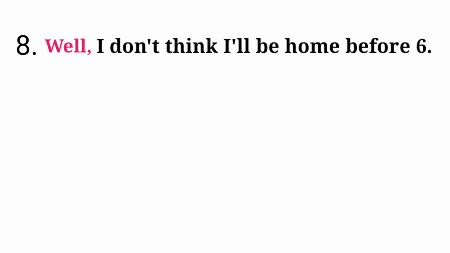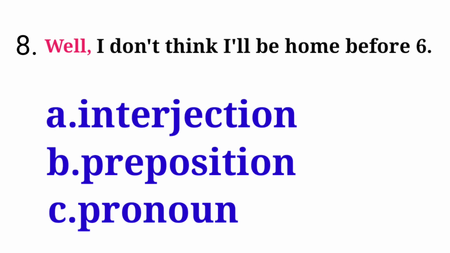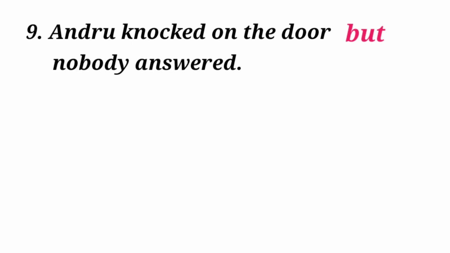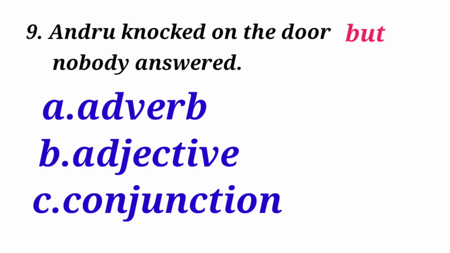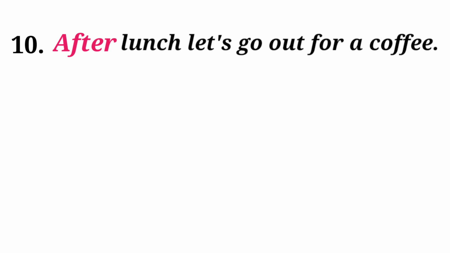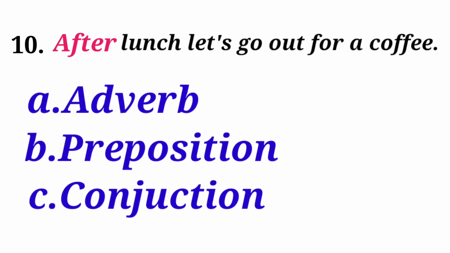Number 8, well, I don't think I will be home before 6. Interjection, preposition, pronoun. Number 9, Andrew knocked on the door but nobody answered. Adverb, adjective, conjunction. Number 10, after lunch, let's go out for a coffee. Adverb, adjective, interjection.